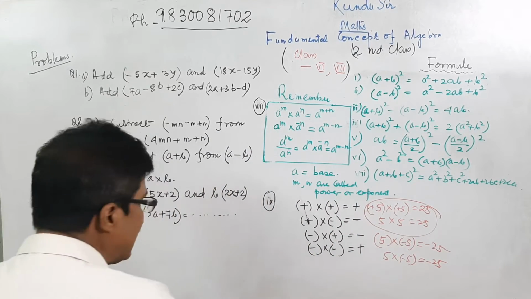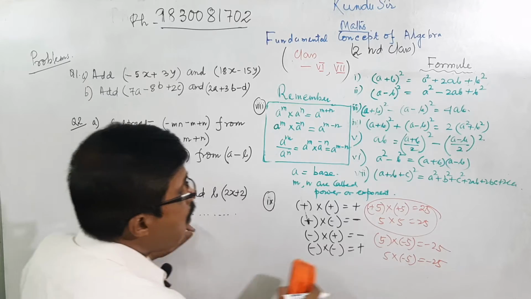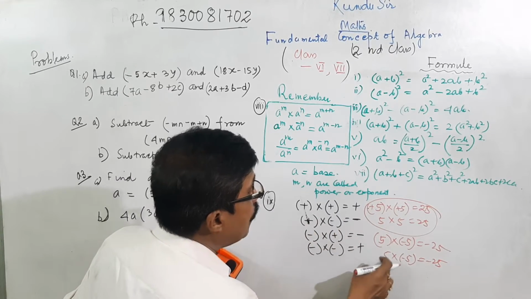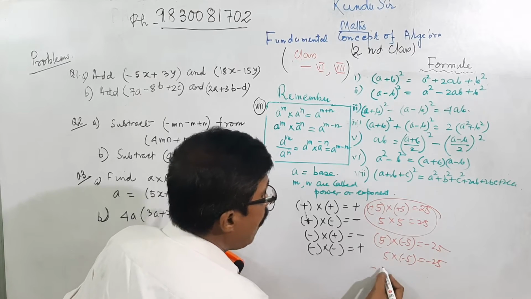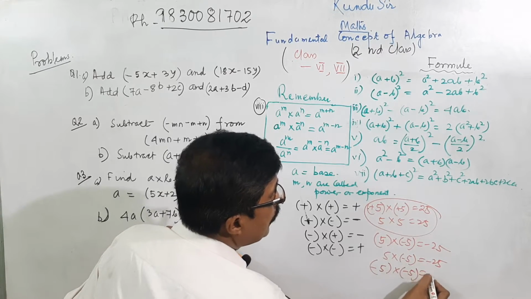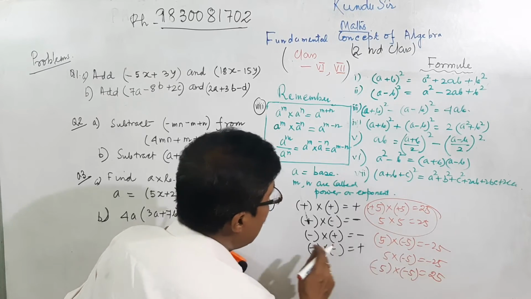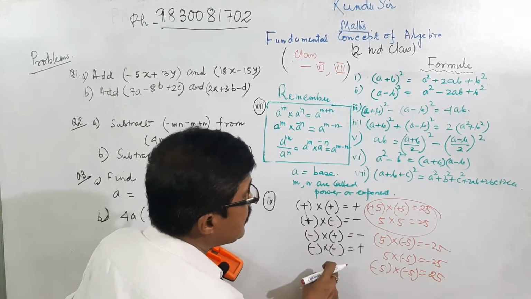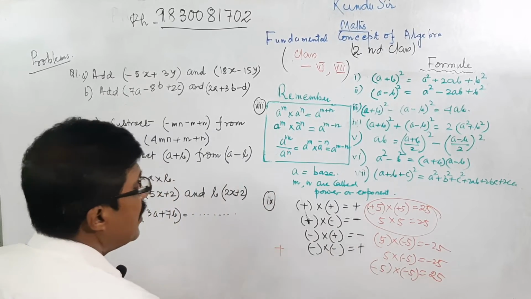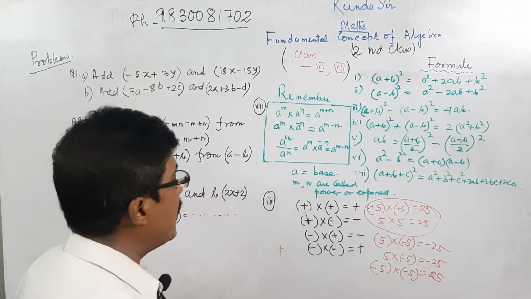Next, minus into plus, and plus into minus is the same thing. Now minus 5 into minus 5 equals 25, because minus into minus equals plus, and the plus sign is not required to be mentioned.